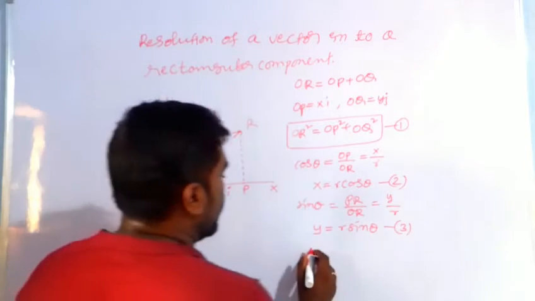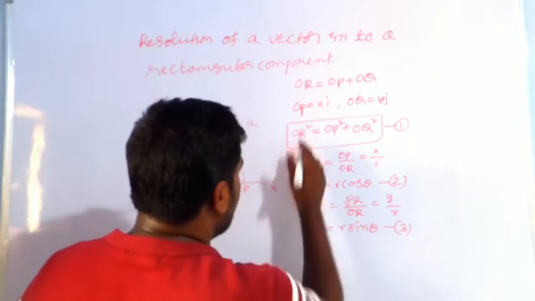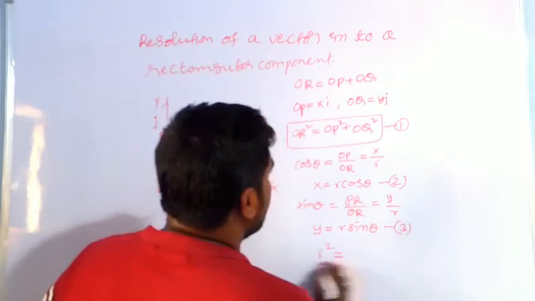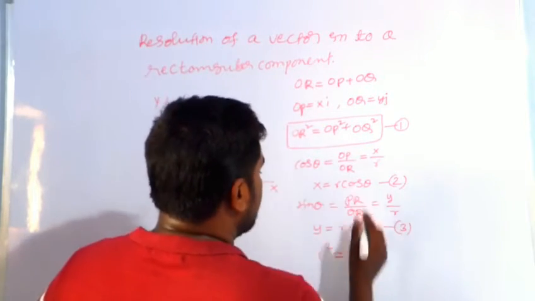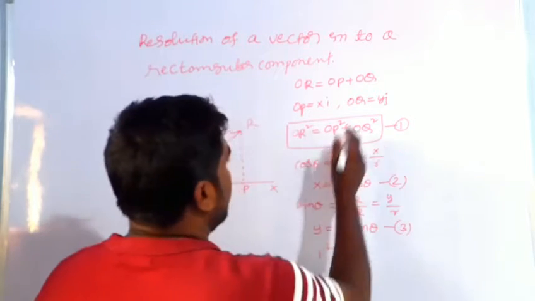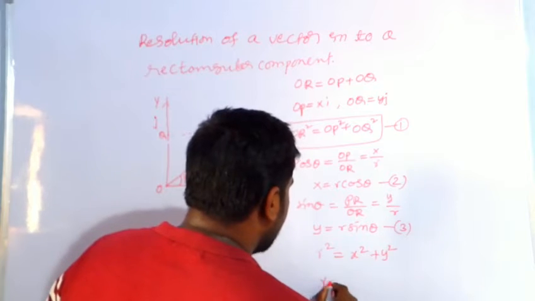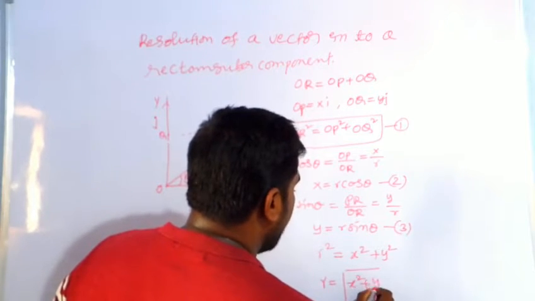So OR squared is R squared, OP squared is x squared and OQ squared is y squared. Therefore R equals the square root of x squared plus y squared.